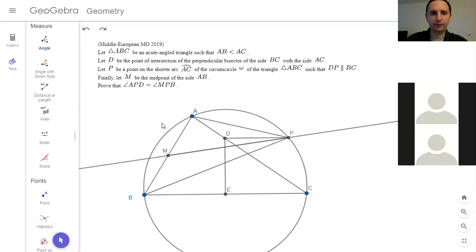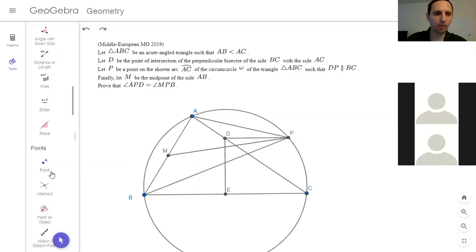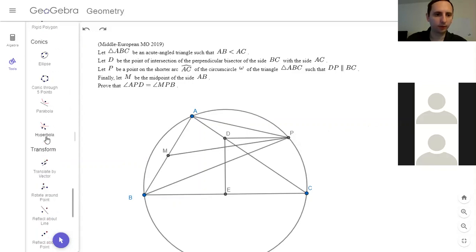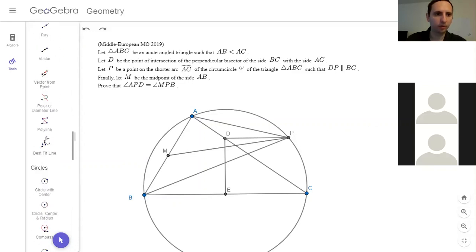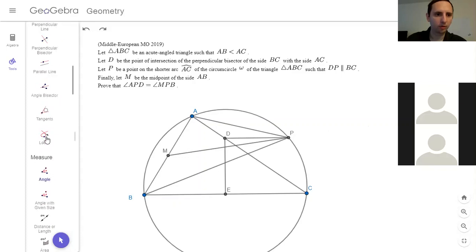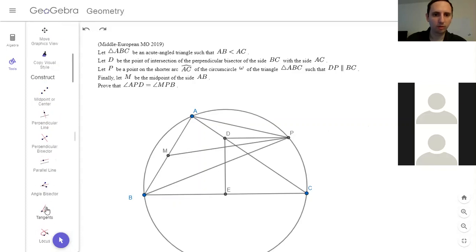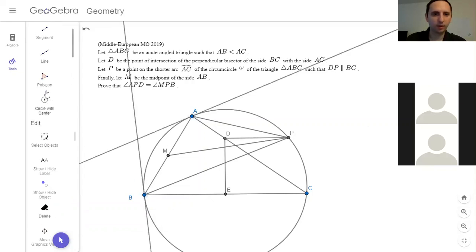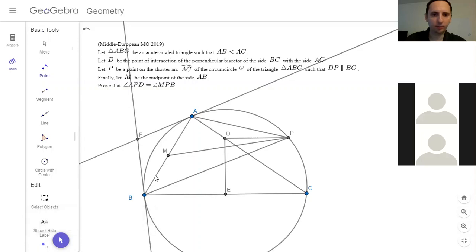So if we draw the tangents at A and C, then it's saying that PD passes through it, right? Let me draw the tangents. We must extend PD, I think. Yeah. So we're saying PD passes through this point.